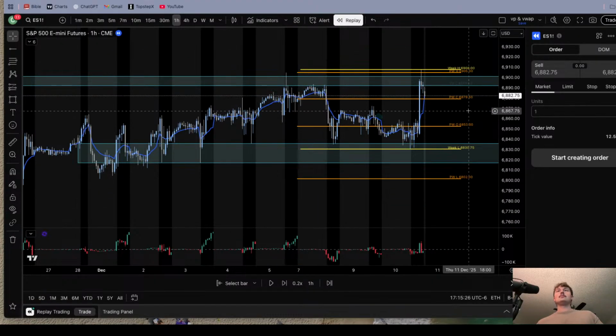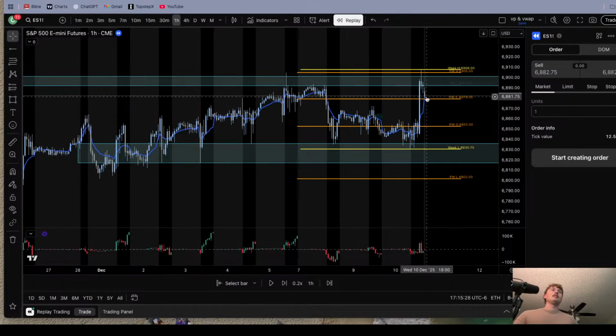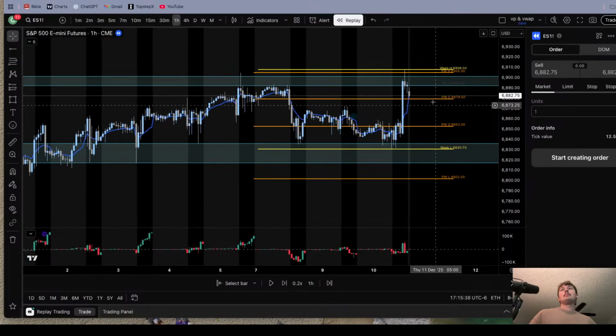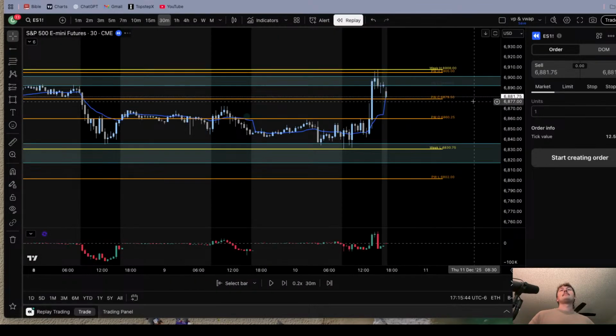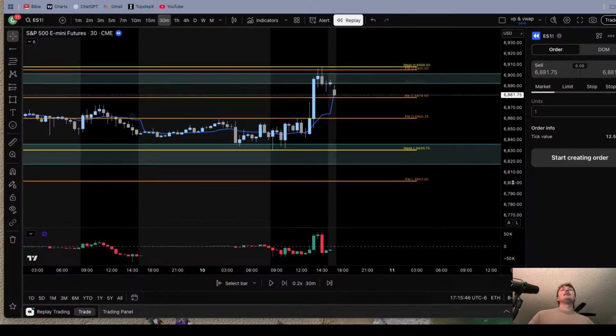That's a bullish signal to me, right? If we can get a good 15-minute or 30-minute bullish candle again right here, I would probably want to buy this up. Okay. So we're going down on 30-minute.